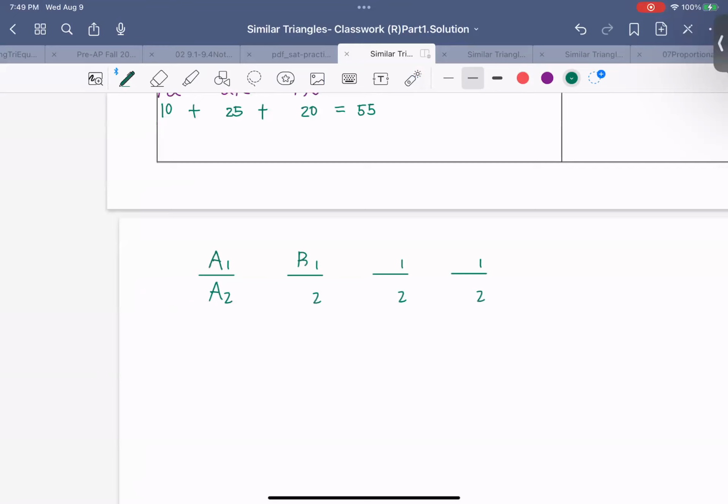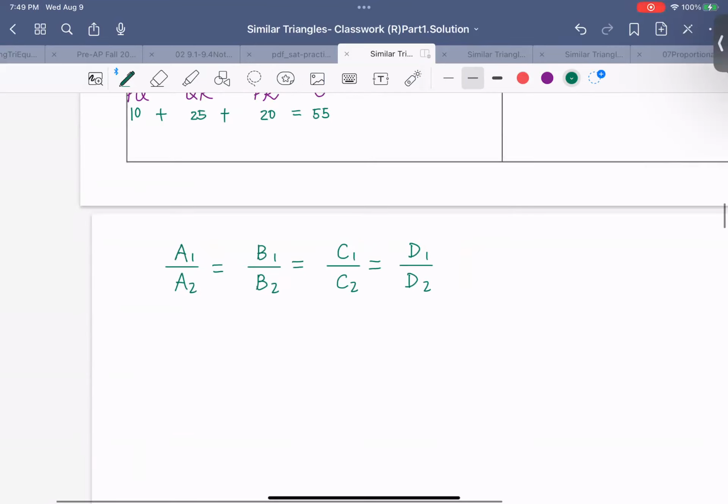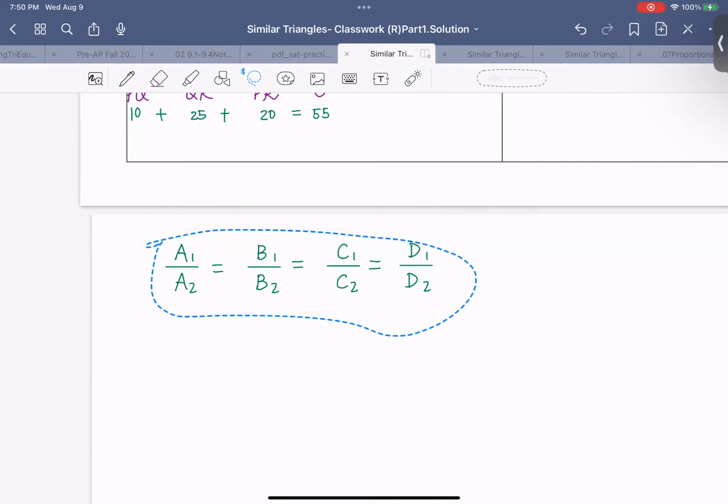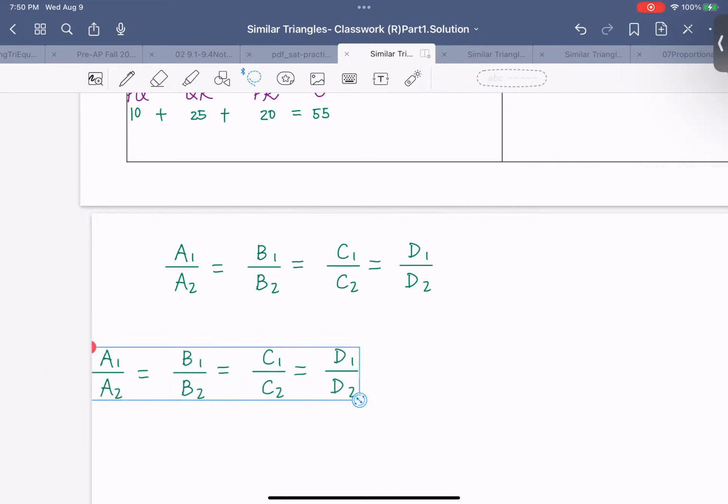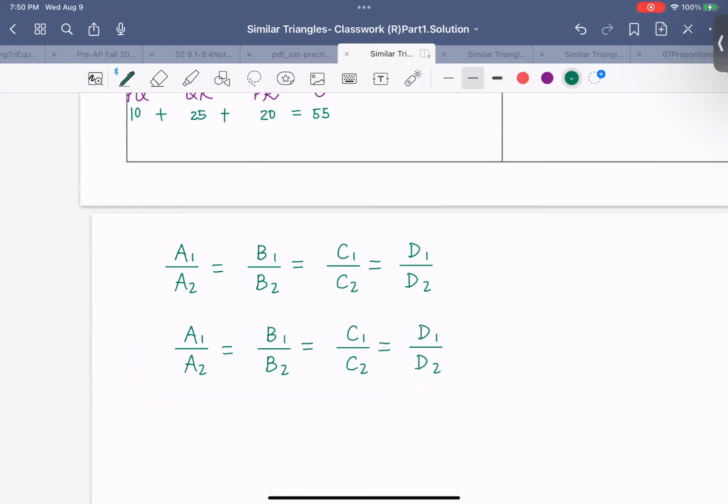If you have A1, B1, C1, and D1, and you have this, if you have all of this equal, then you will be able to say this guy equals all of this together.